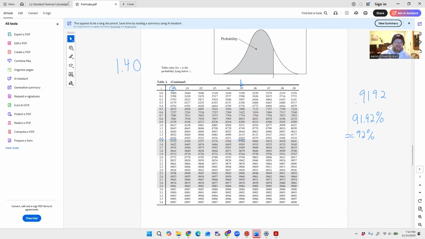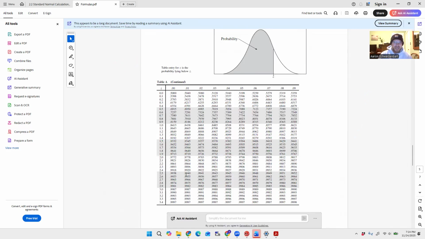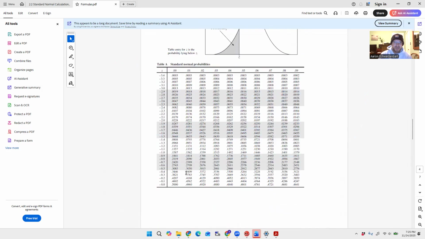My 5-foot girl, negative 1.8. Now I need to go to the negative part of the table. It's also negative 1.80, 0.0359.